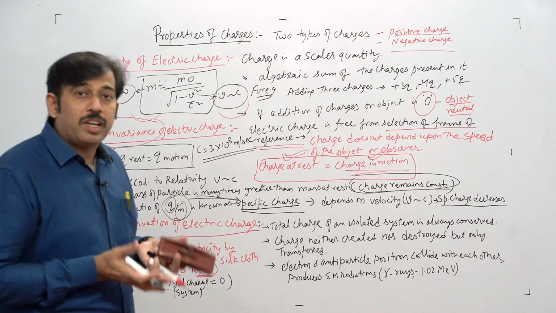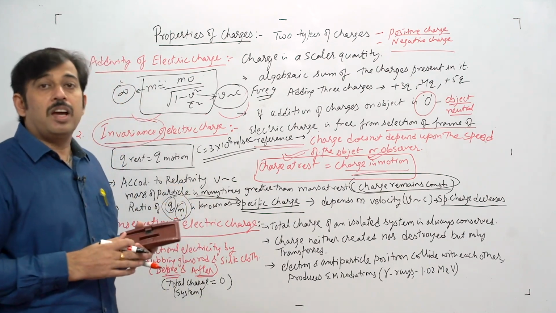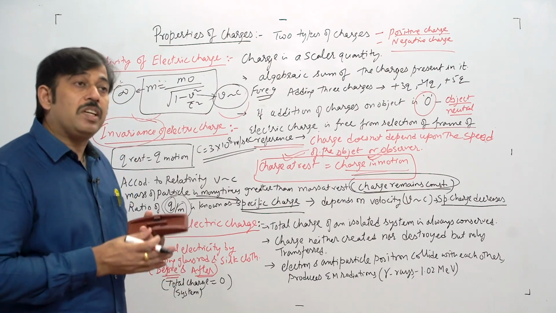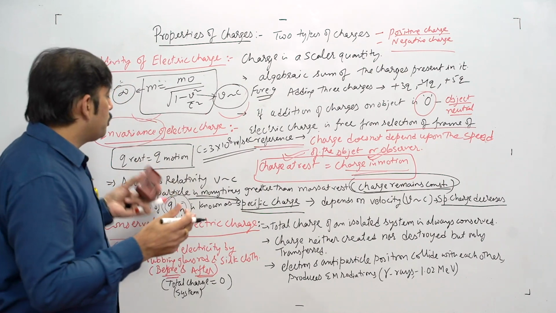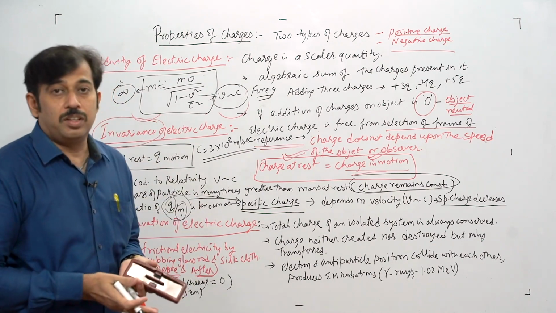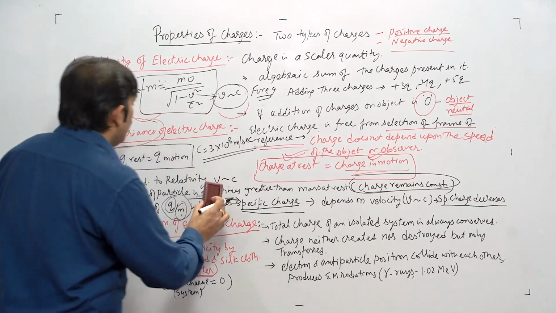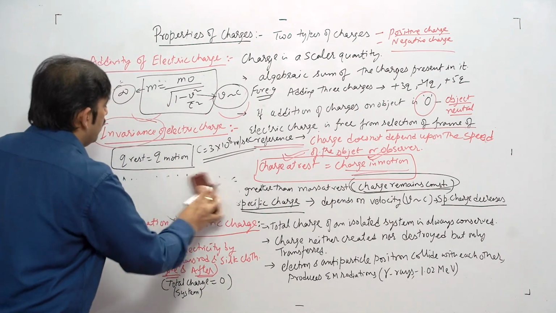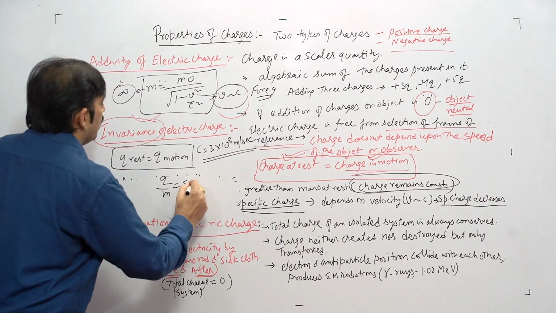And how is it going to change? The specific charge is affected when the mass is pretty high, and it can be high in case of relativity. In case of relativity, we always find that the specific charge is going to decrease. Why? Just see this relation, Q by M is the specific charge.